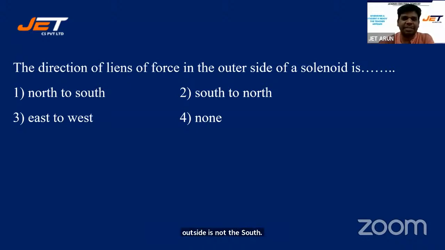Next question is the outer side of the solenoid. We just talked about it. I just told you the answer. North to south, south to north, east to west, none.